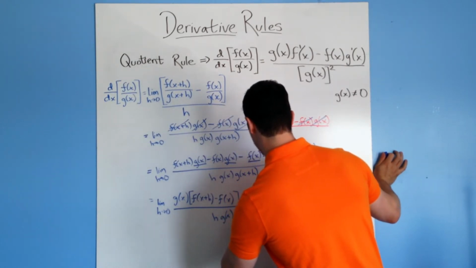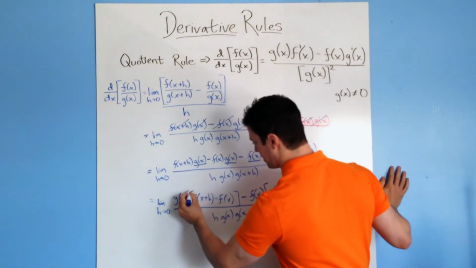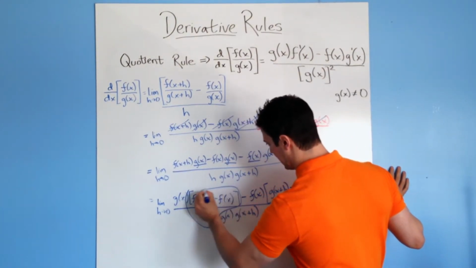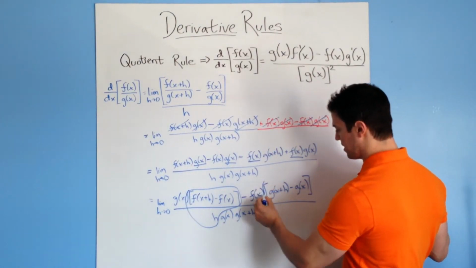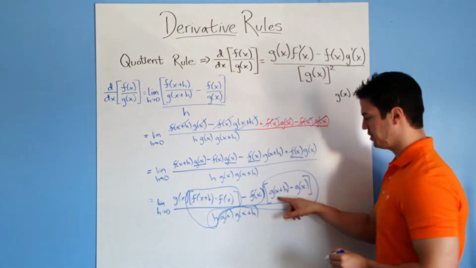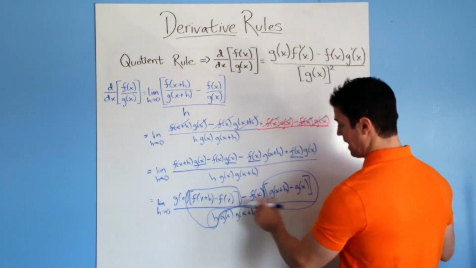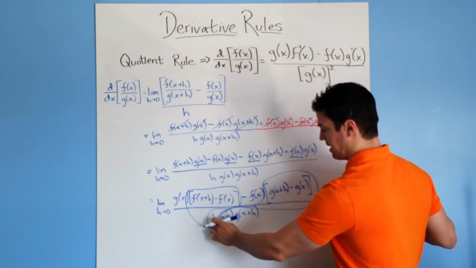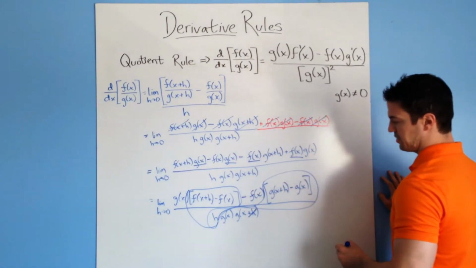Okay, from here, hopefully you see that you can take this whole term and divide it by h, and you'll end up with f prime of x, and then you can do the same thing here with divided by h, and you'll get g prime of x. So after you divide out this h, the h isn't in the numerator anymore, so you can actually plug in that h is 0.